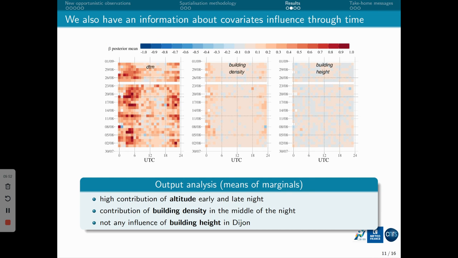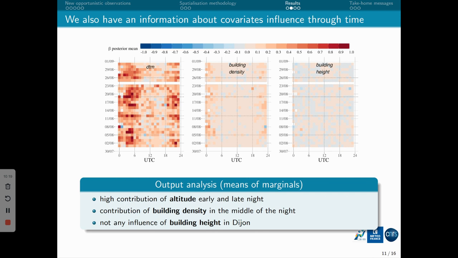And in addition to that, the Bayesian model will also give information on the influence of the covariates you have implemented: altitude, building height, and building density. And we see that there is a lot of impact of altitude during the night because of the effect of orography, you have 400 meters of difference between the city and the top of the hills.